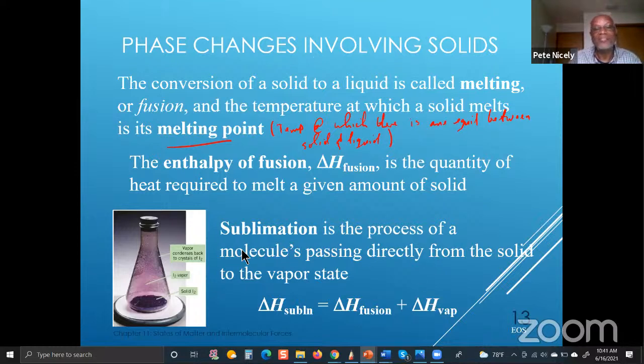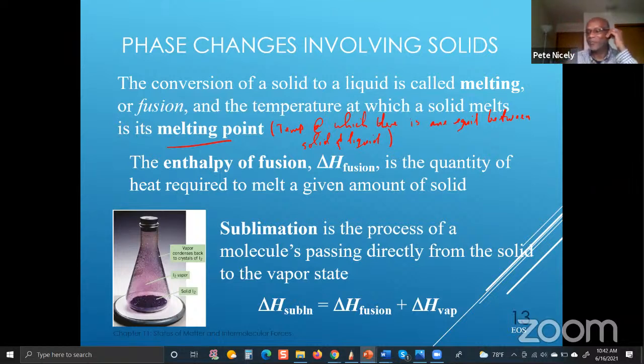Okay, another term that you need to be familiar with is sublimation. Sublimation is what takes place when the solid is converted directly to a gaseous state. I don't know how many of you are familiar with dry ice, but dry ice is basically frozen carbon dioxide. If you took a piece of dry ice and put it on a table, or in a beaker, and left it exposed to the atmosphere, the mass of the dry ice will shrink and you'll see some fumes emanating from it.